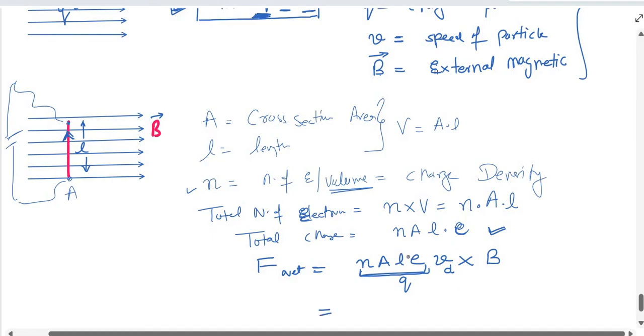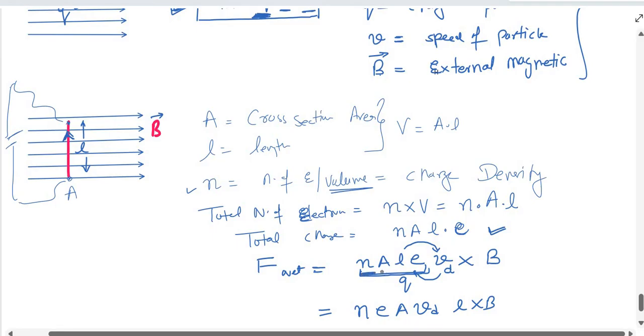Now we will rearrange it a little bit. Let me show you how. I am just writing L here and Vd here instead of V. So I have just done a rearrangement of these quantities.